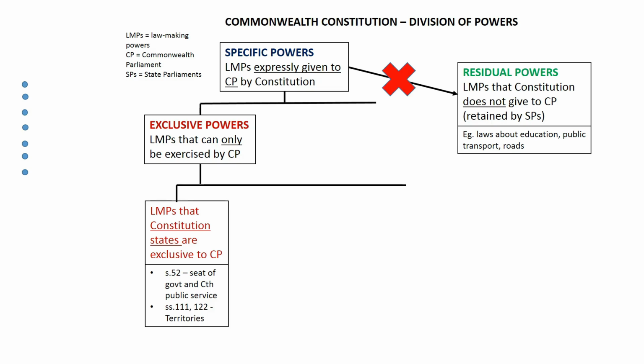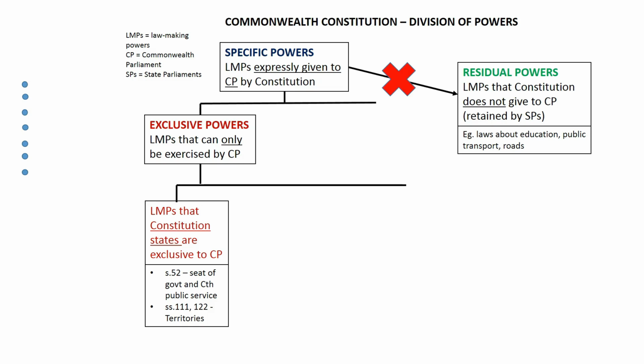The Northern Territory used to be part of South Australia, but South Australia surrendered the Northern Territory to the Commonwealth so that it became the responsibility of the Commonwealth Parliament. And similarly, New South Wales surrendered what we now know as the Australian Capital Territory. It surrendered it to the Commonwealth so that the Commonwealth now became responsible for the Australian Capital Territory.